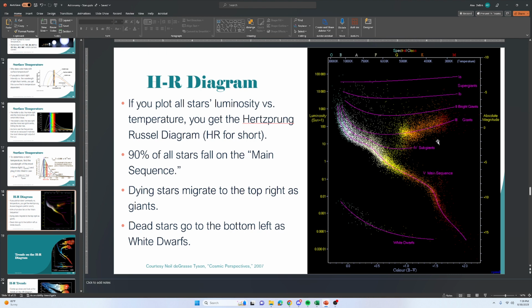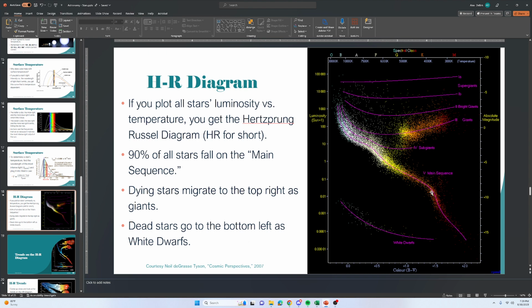And then you got these 4 for subgiants, 3 for giants, 2 for bright giants, and then up here these 1s. Those are supergiants, the megastars. And as you can see, most of the stars are on the main sequence and in the class 3-4 range. This is where most stars live, because this is where the life cycle of stars really takes place.